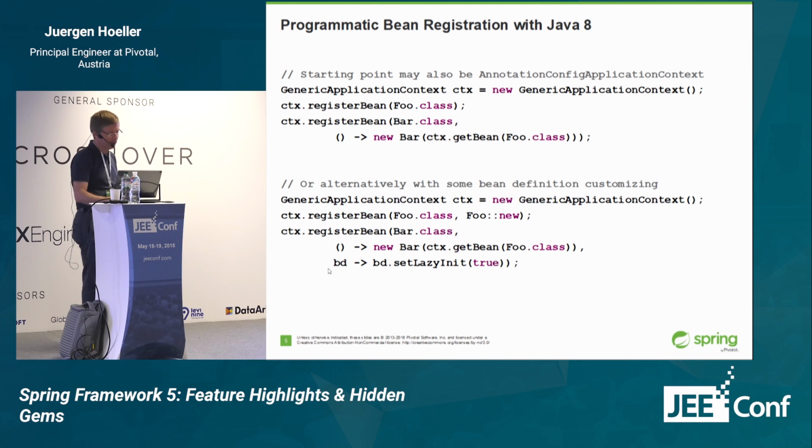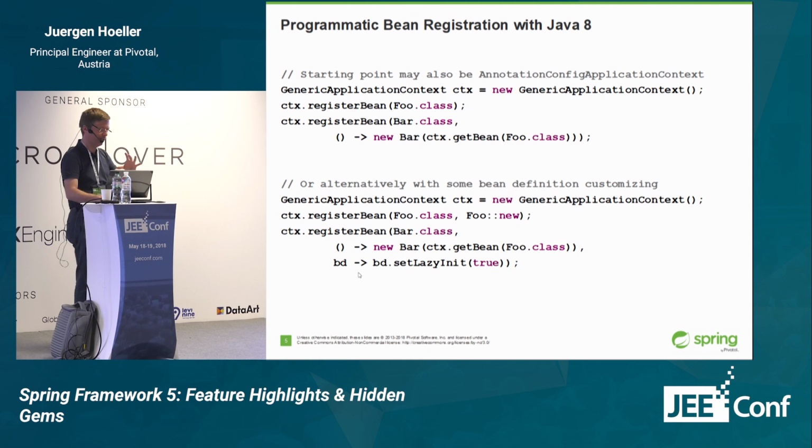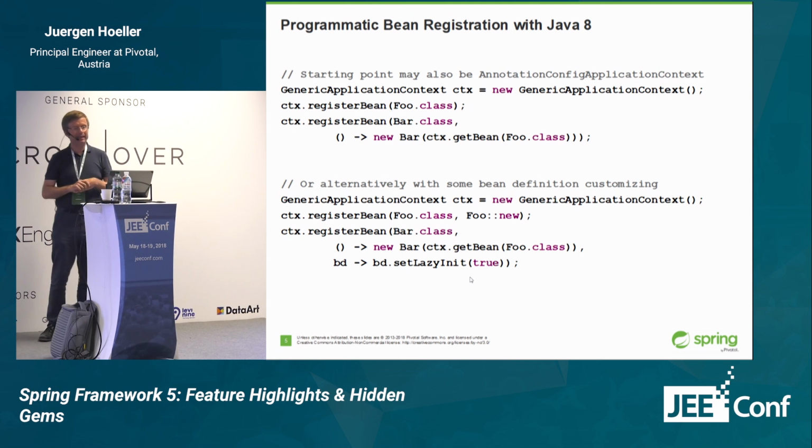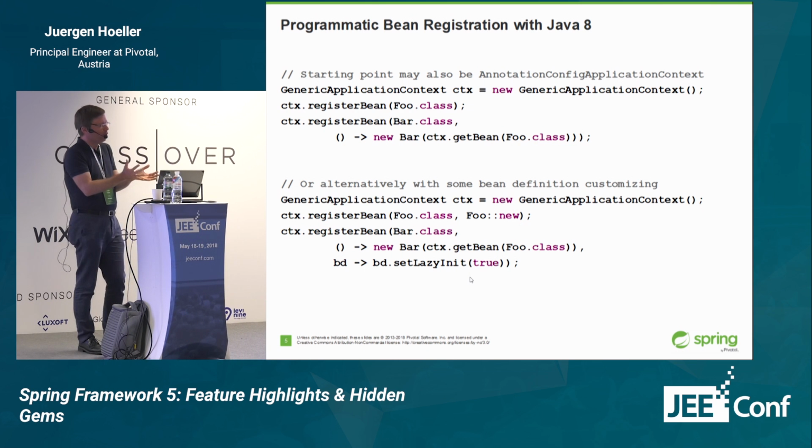If you want to go further, there's these bean definition customizers. There can be any number of those because it's a vararg. So if you have several things to customize, you could either use a code block or you could stylistically just have one more bean definition customizer, one more Lambda expression in line. So it's actually quite straightforward in what you do here.